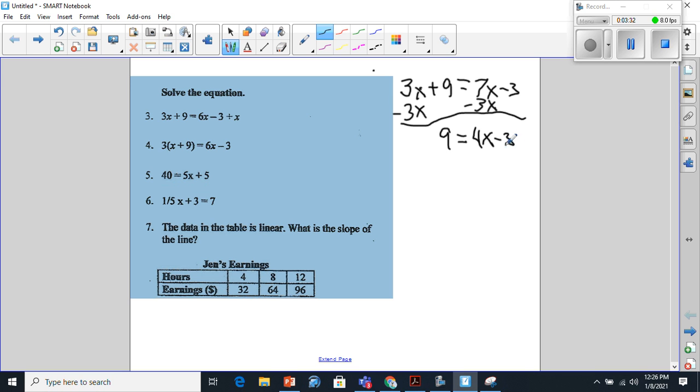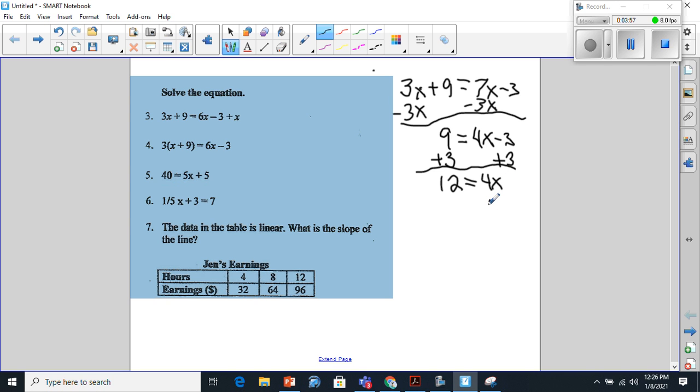Now I got to get rid of that 3. I'll add 3 to this side, which means I have to add it to this side. I'm moving the 3 instead of the 9 because I want to get x by itself and isolate it. That means I got to move all the numbers away from it. Well, 9 plus 3 is going to give me 12. So now I have 12 equals 4x.